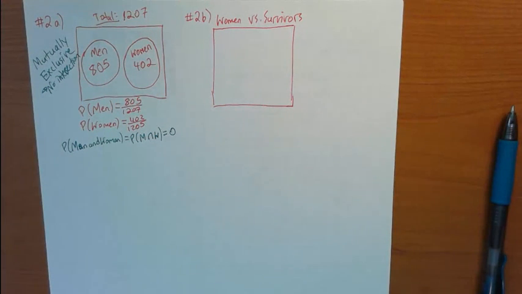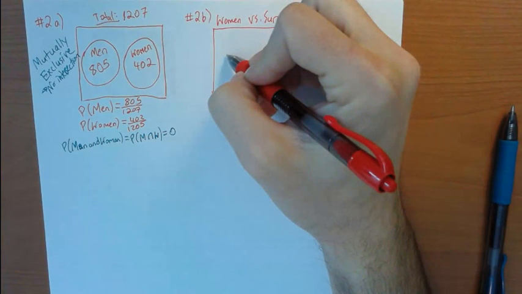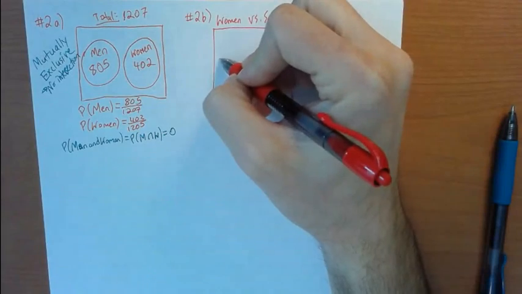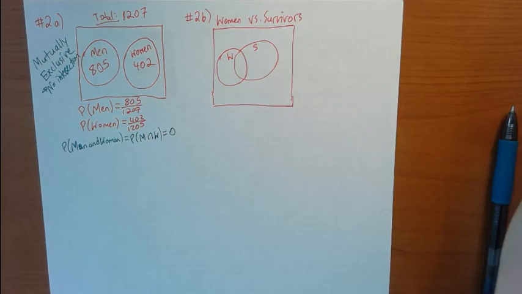And that's the first thing we're going to ask: women versus survivor, making a Venn diagram of that. So if I want to make that happen, I need to have a circle for women, and then a circle for survivors. And then I need to basically create my Venn diagram from that.